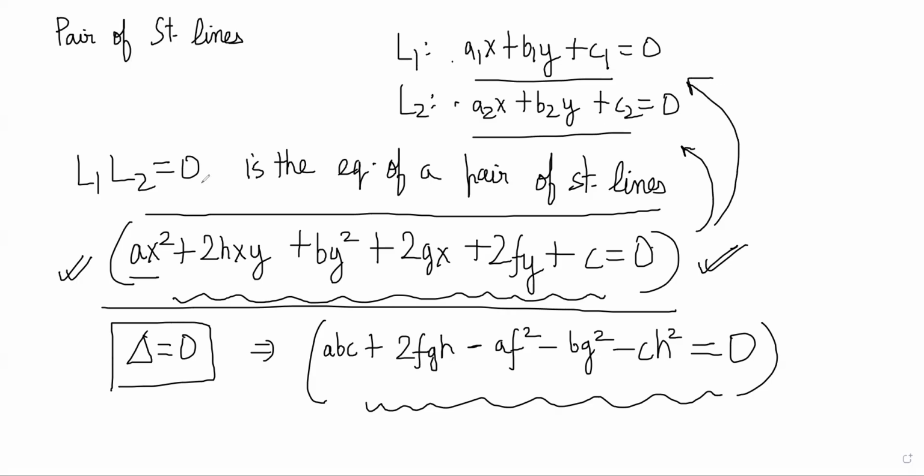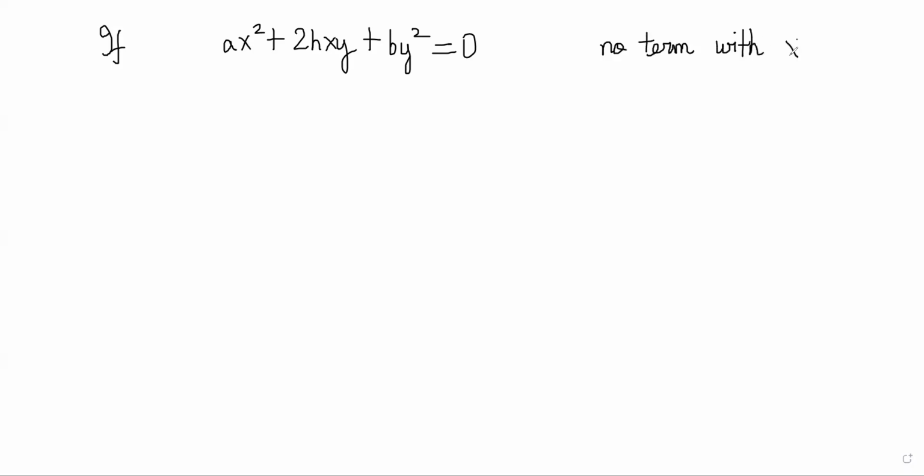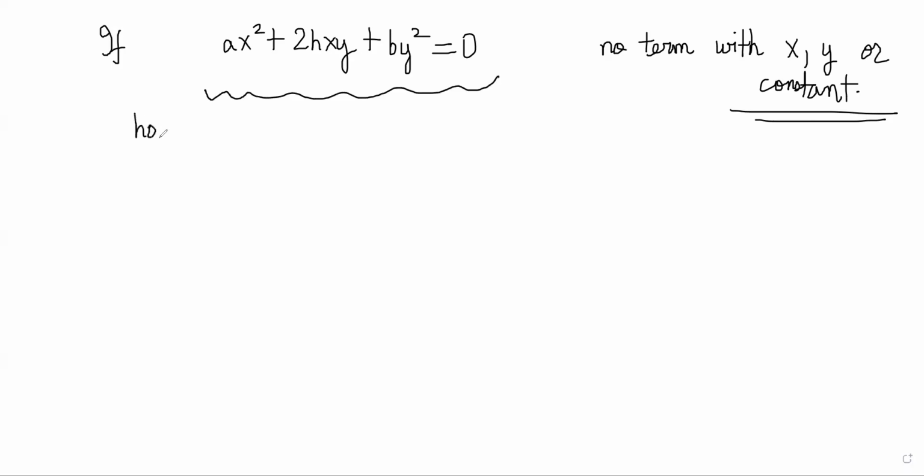However, we have a special case. If we have a situation where you have the equation ax square plus 2hxy plus by square is equal to 0, and basically there is no term with x or y or constant term, right? In that case, you should understand that this equation is a homogeneous equation in x and y.